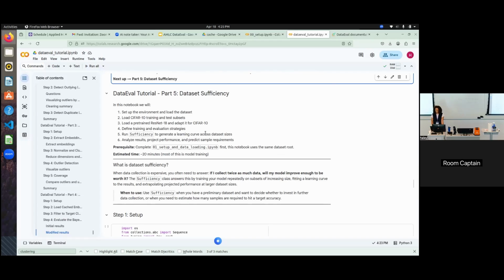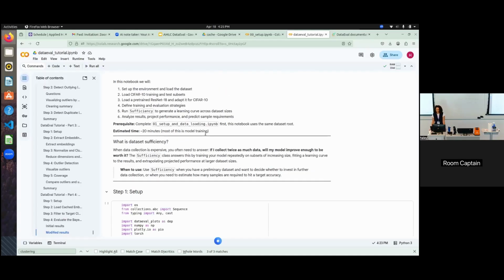So in the sufficiency notebook, this next part of the tutorial, we're going to be talking about sufficiency. It's knowing that the data collection process can be expensive for a number of reasons. You might need to ask yourself, if I collect twice as much data, will my model improve enough to be worth it?